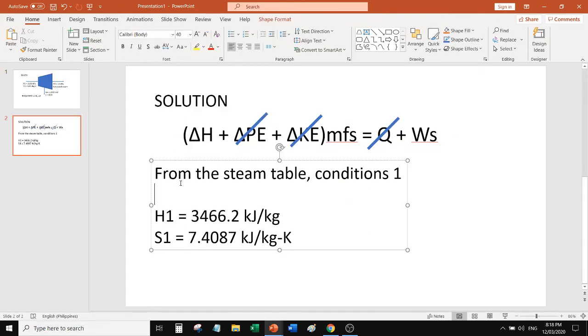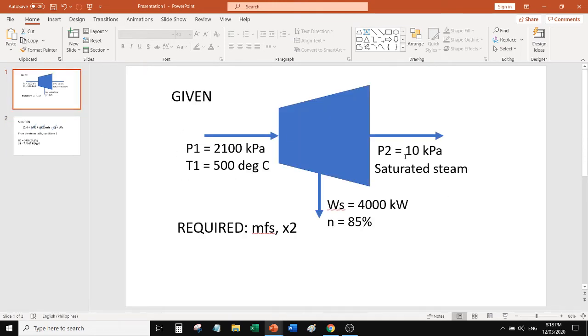Now, kaya natin binasa na muna yung H1 kasi delta H equal H2 minus H1. So, H2 na lang ang kailangan. Yon, na hindi pa natin alam dahil wala tayong quality ng saturated steam. Pero, gamitin natin yung efficiency.